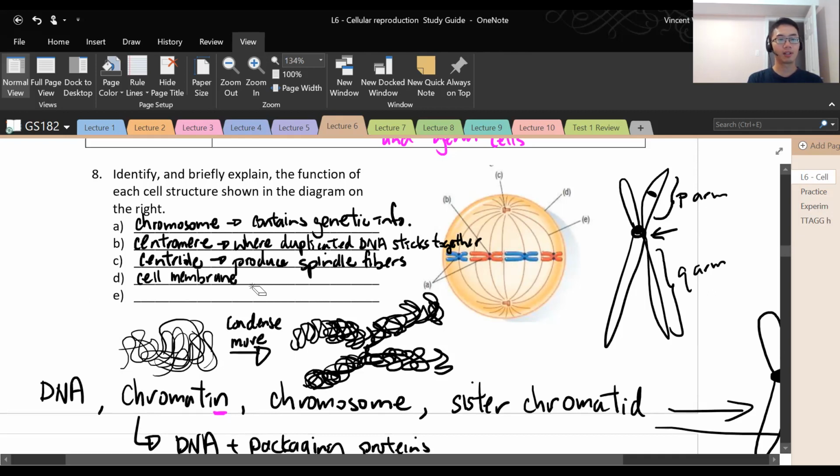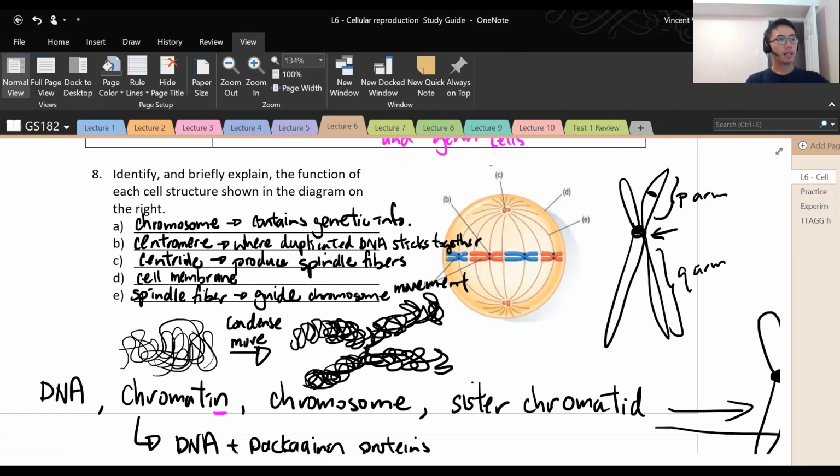Nothing to say. And E, that would be the spindle fibers. They will guide chromosome movement. All right. That is that. Any questions?